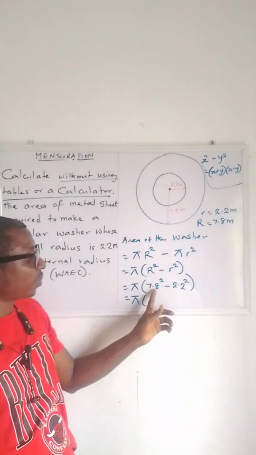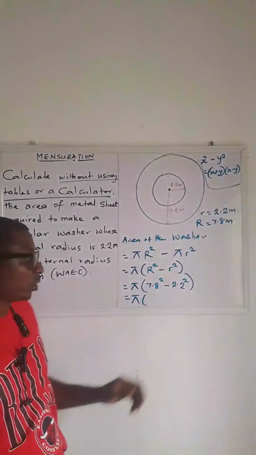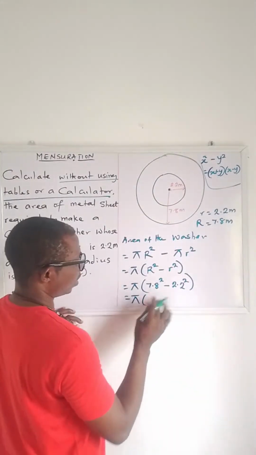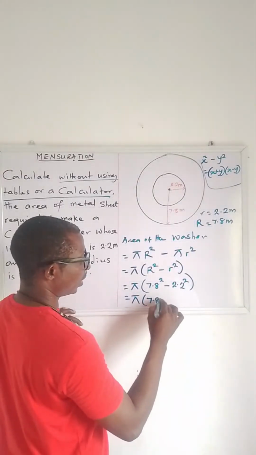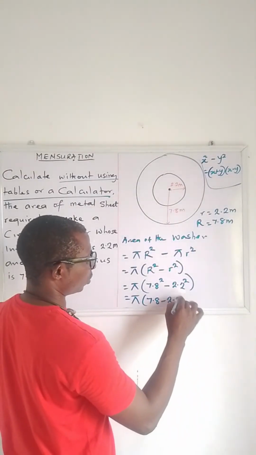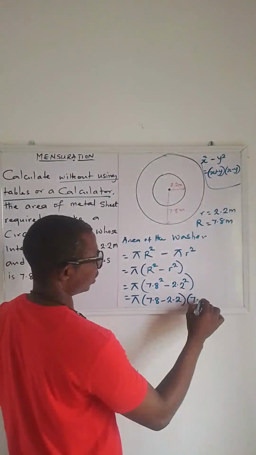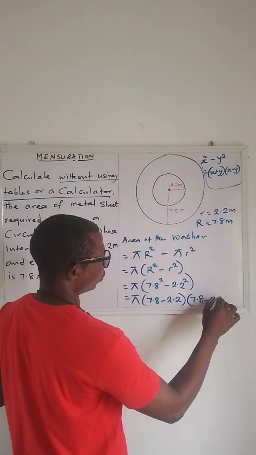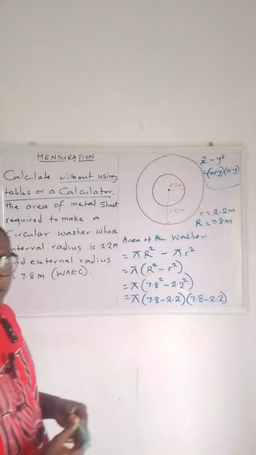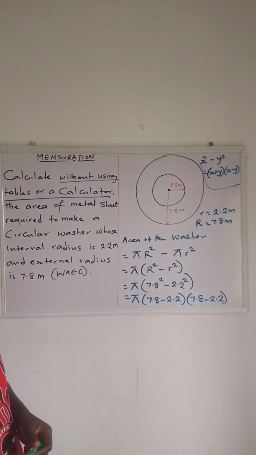So this represents my x, while this is y. So this bracketed value turns to 7.8 minus 2.2 times 7.8 plus 2.2. Do you understand that?